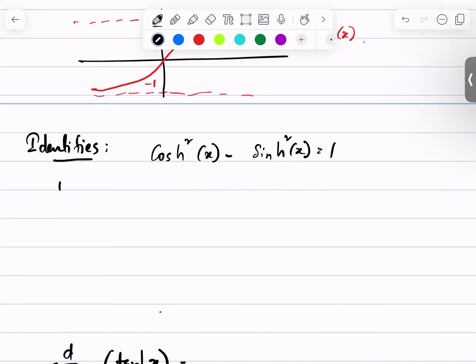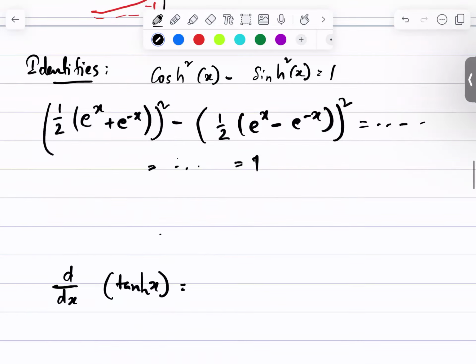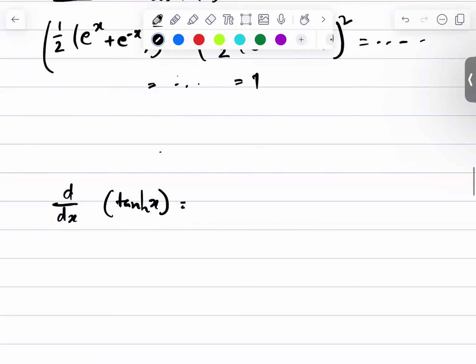You can prove it just by using the definition as it is. If you calculate this using normal algebraic manipulation, at the end you'll get the answer to be 1. Okay, this is easy to follow, so I'll not show it explicitly.